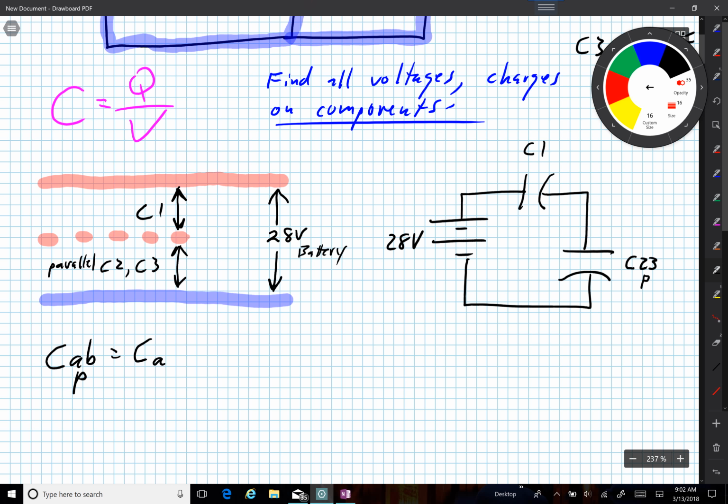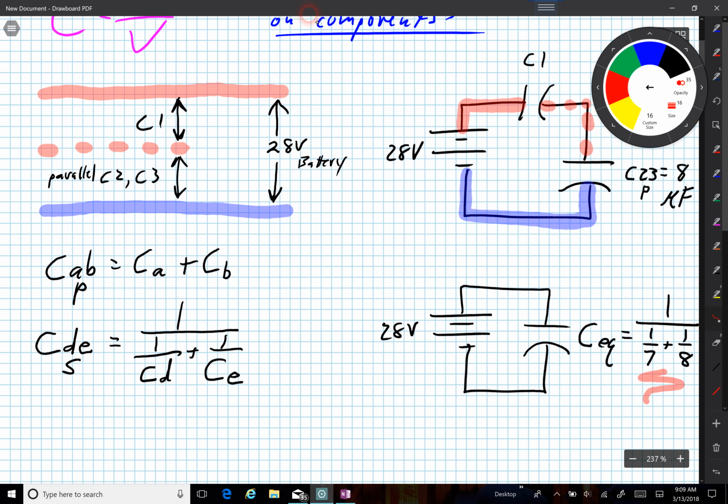I'm not going to show the microfarads, right? They both have microfarad units, so my answer here will be microfarads as well. Okay, so I'm just going to keep it simple. I can use this equation to figure out the equivalent capacitance. All right. Let's first draw our colors.